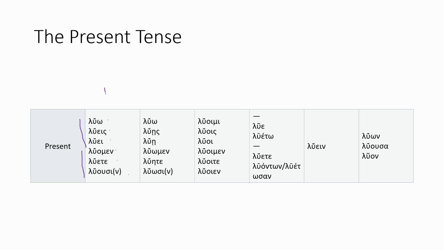So first of all, we've got the indicative here. These are different moods, by the way. We've got the subjunctive, the optative, and the imperative. And we also have infinitives and participles. So I'm just going to explain what these mean. Indicative, in terms of meaning, generally means that the use of this verb form implies that something has happened or is happening.